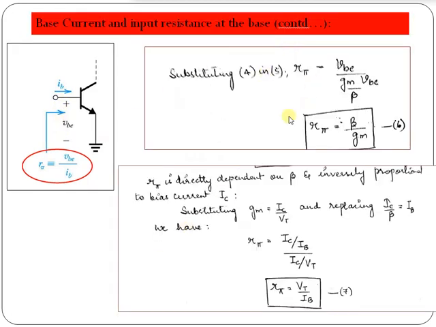Continuing, if you substitute equation number 4 in equation number 5, R pi is equal to VB by GM by beta into VBE, or R pi is equal to beta by GM. So we can see that R pi is directly proportional to beta, and inversely proportional to the bias current IC, as seen in the previous equation.